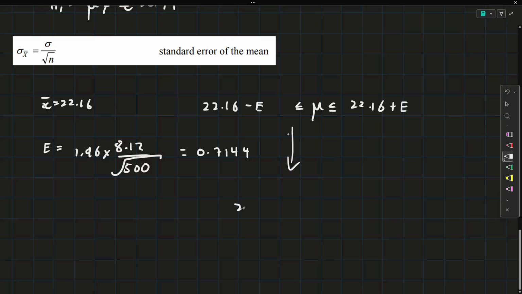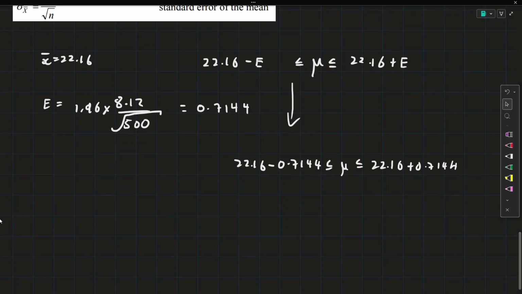So then we have 22.16 minus 0.7144, then the actual mean will be in between, and then 22.16 plus 0.7144. We can just figure out what these are, and what we'll end up getting is 21.4456, then mu, and then plus that value gives us 22.874.